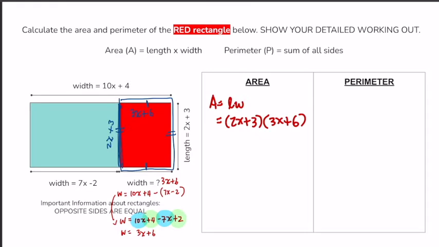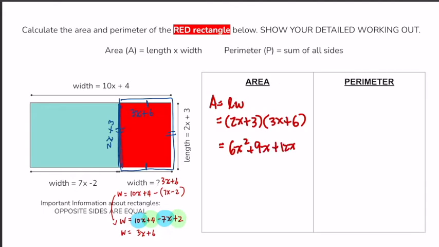And so let's solve this using grandpa. We have 2x times 3x gives you 6x squared. And then 3 times 3x followed by 2x times 6 gives you plus 9x plus 12x.